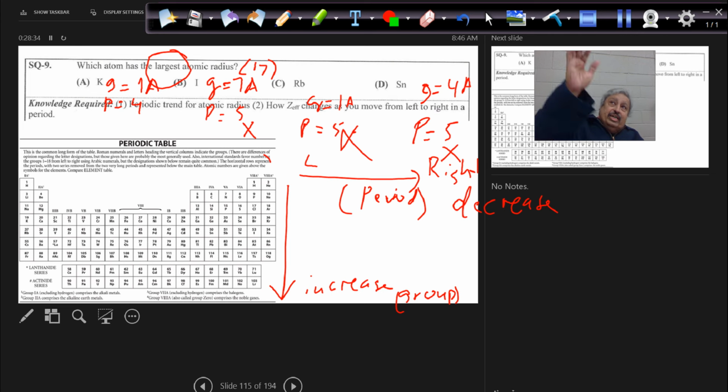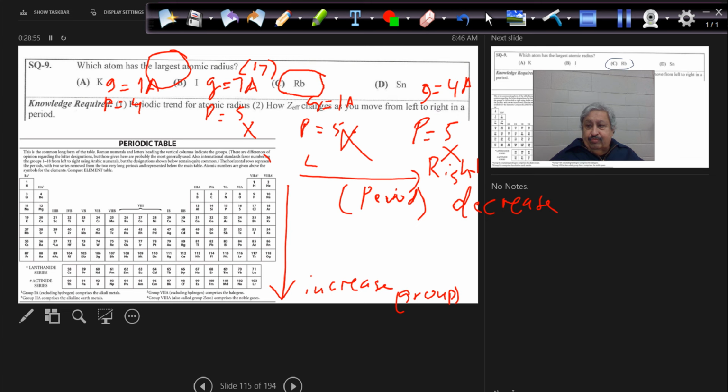Potassium is away. Within the group, rubidium is larger than potassium. But within the period, if you go to the right, it's decreased. So iodine is the least one, followed by tin, and rubidium is the largest one. So your answer will be rubidium has the largest one.